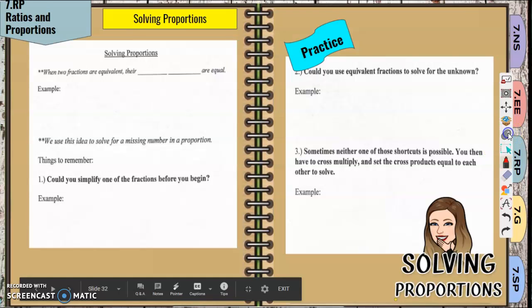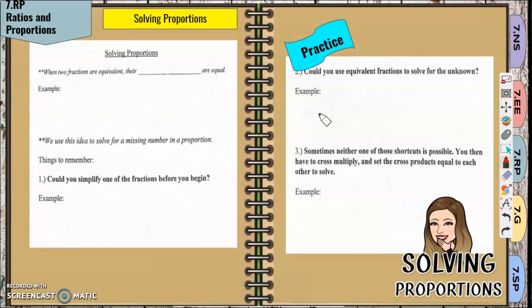Okay, so on solving proportions, when two fractions are equivalent, their cross products are equal. So let's look at an example of what this looks like.